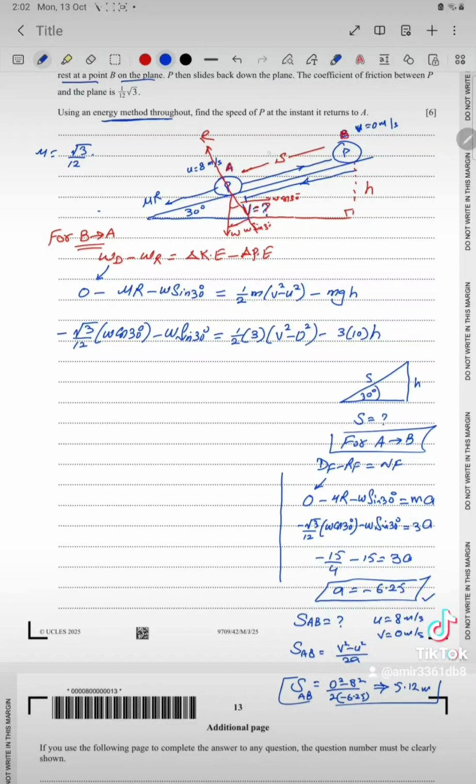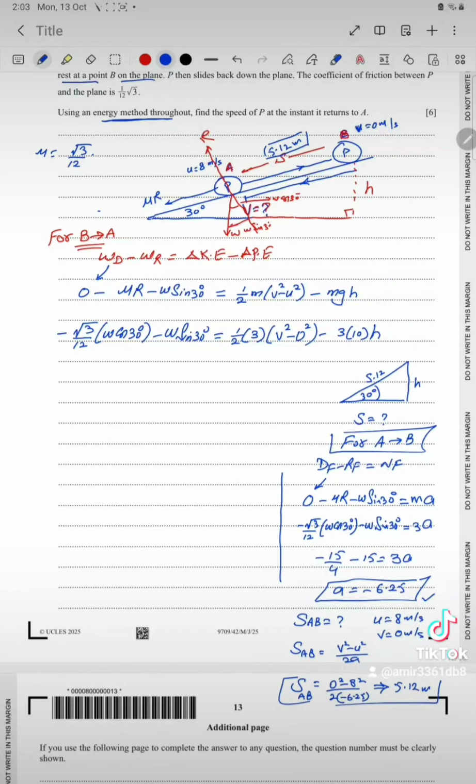It means 5.12 meters is the distance covered from A to B when thrown with a velocity of 8 meters per second. Right, now it will make life easy. So here S is 5.12.